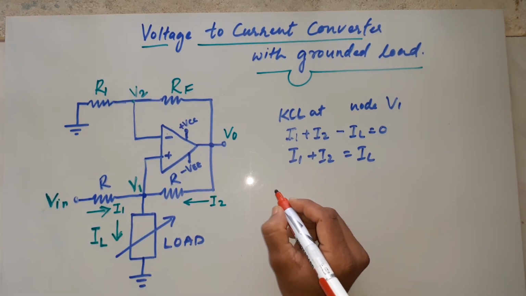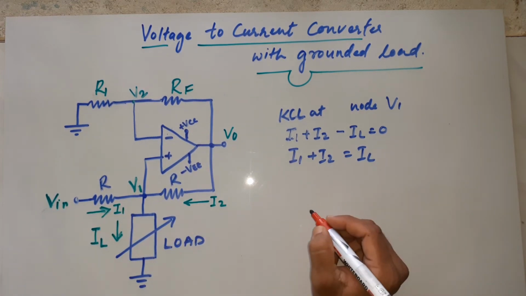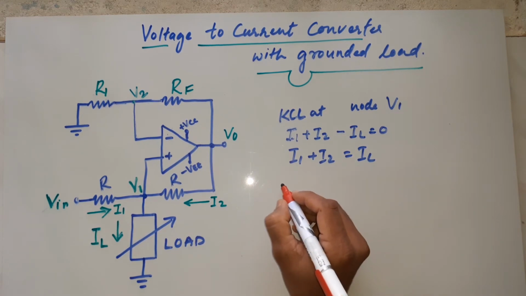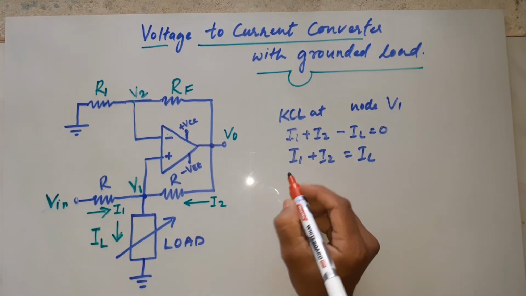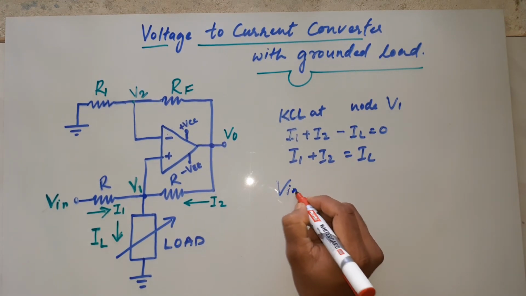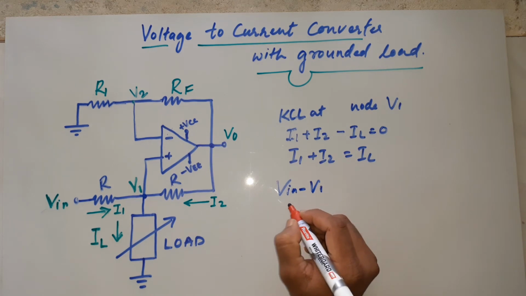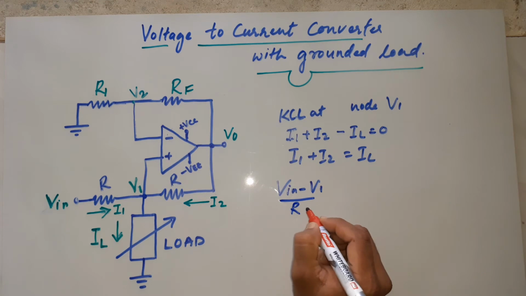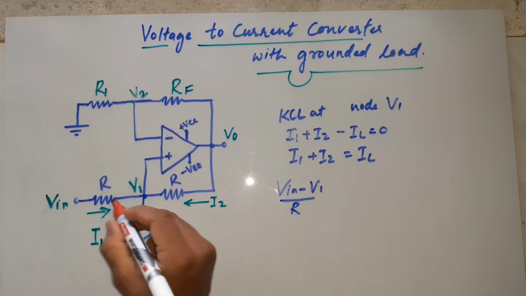Then what is the voltage across resistor R? The voltage across resistor R is V in minus V1. Alright. So this is voltage. V by R will give us I1. This is our I1. Right.